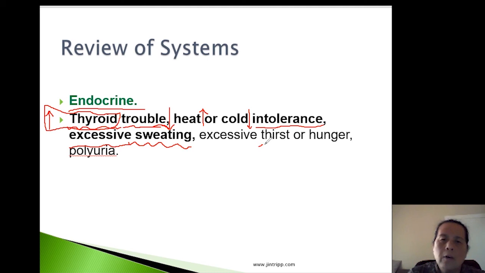And also people who get thirsty easily or hungry easily may have thyroid gland problems or maybe pancreas problems. We're talking about diabetes, which still belongs to the endocrine system glands.